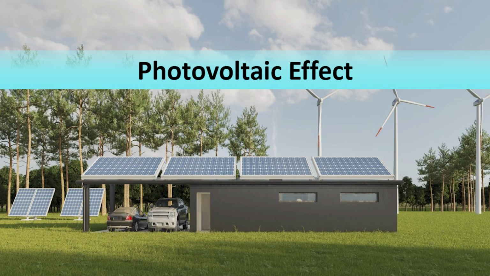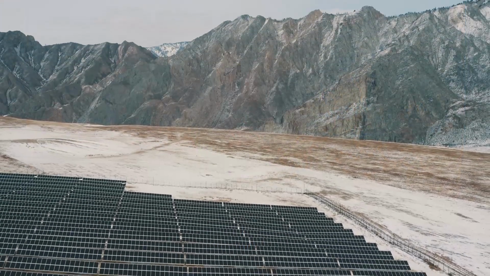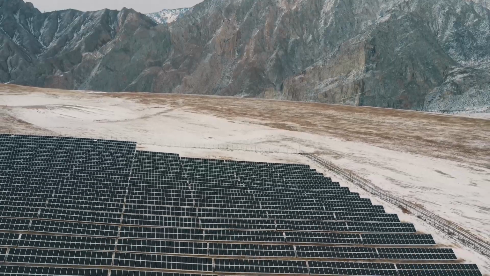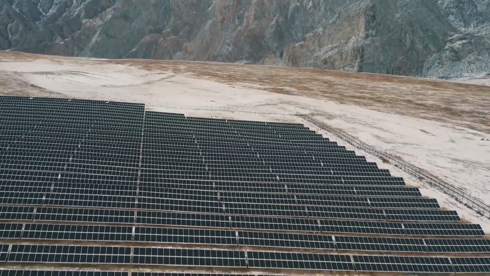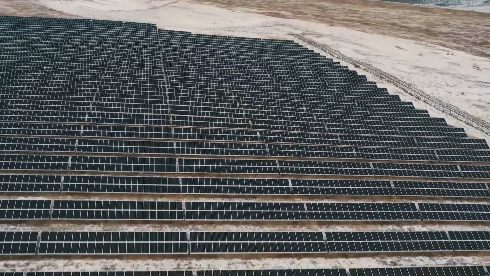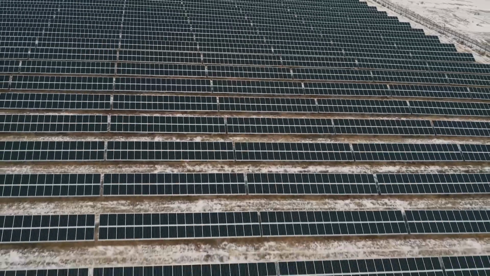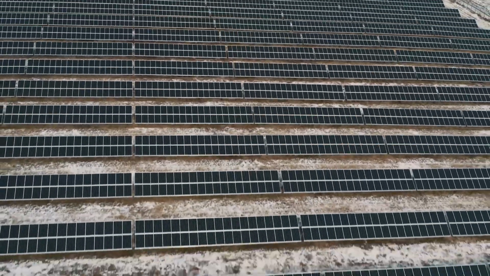So now we have to understand what the photovoltaic effect is. The photovoltaic effect is defined as the process of generation of an electromotive force as a result of the absorption of solar radiation. The devices used to convert sunlight to electricity by the use of the photovoltaic effect are called solar cells or PV cells.